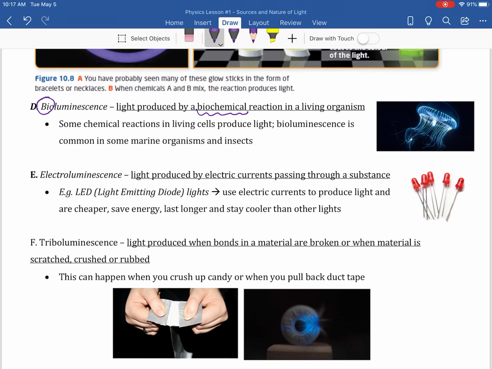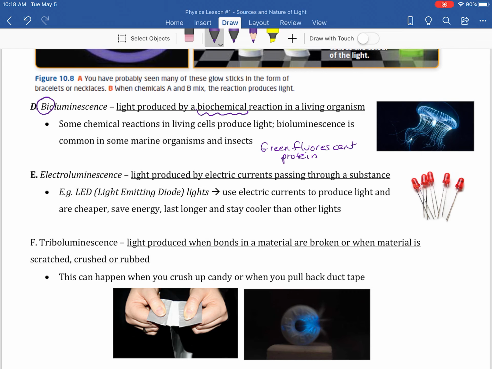One great example of bioluminescence is a protein called green fluorescent protein. They found the gene that causes this green fluorescent protein to be expressed, and it's what causes a lot of these organisms to glow.